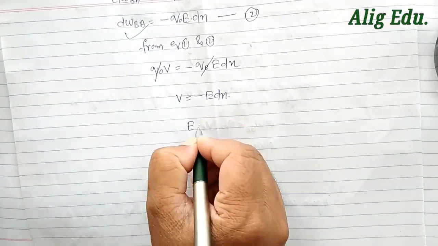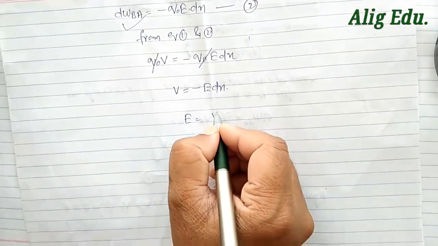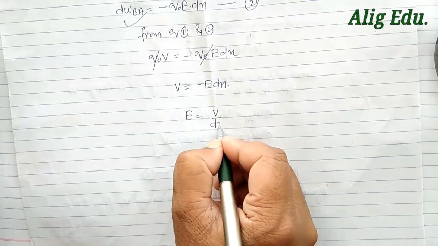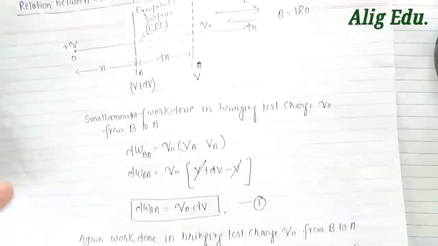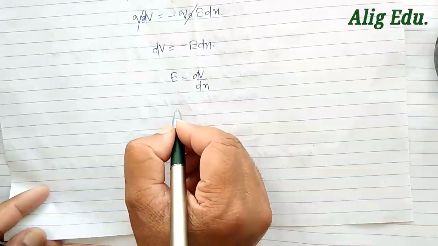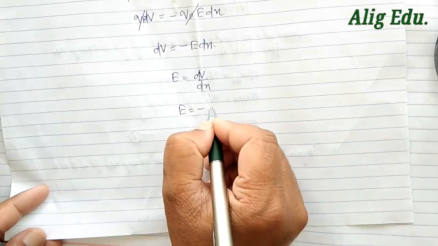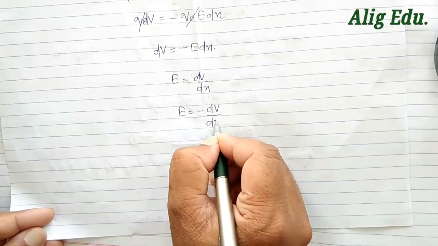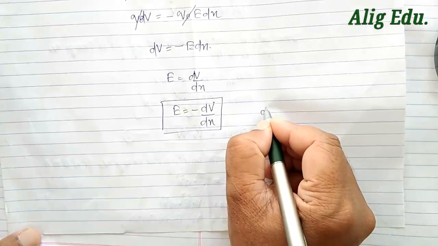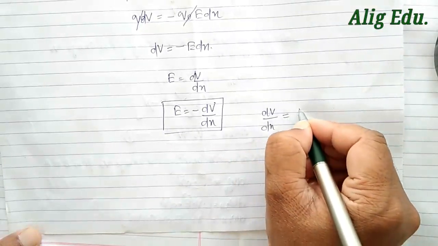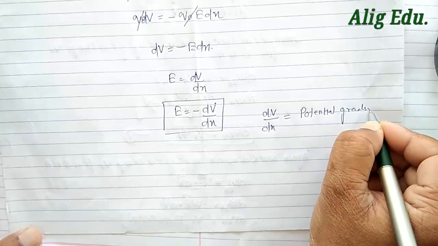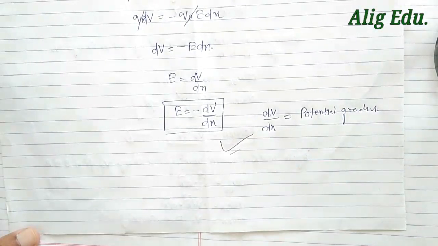So the electric field E will be equal to minus dV by dx, which is the required relation, and this term dV by dx is known as the potential gradient. Very, very important.